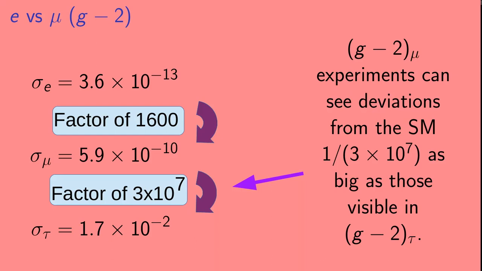Experiments that measure g-2 of the muon, in turn, can see deviations from the standard model prediction that are 1/30 millionth as large as those that would be visible in experiments measuring g-2 of the tau. This is both a statement about the precision of muon g-2 experiments and a statement about the lack of precision on the measurement of g-2 of the tau. New physics effects would have to be utterly gigantic in order to be seen in a measurement of g-2 of the tau.